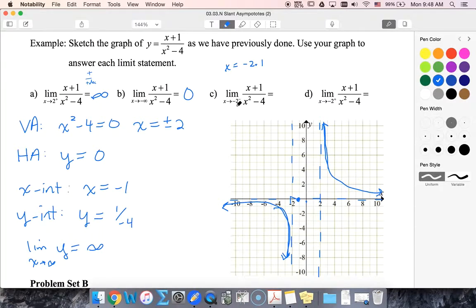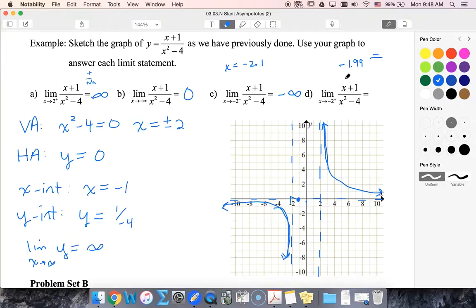As I approach -2 from the left-hand side, I approach negative infinity. And now as I approach -2 from the positive side, so I'm coming this way, we know -1 gave us 0. If I think about -1.99, I'm going to end up with a negative on top, and in the bottom, negative 1.99 squared will be positive, but it will be just less than 4.